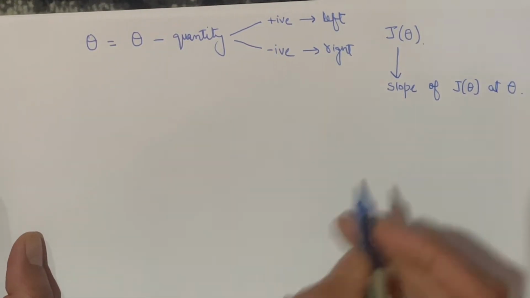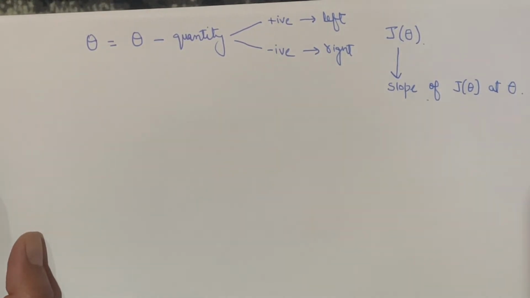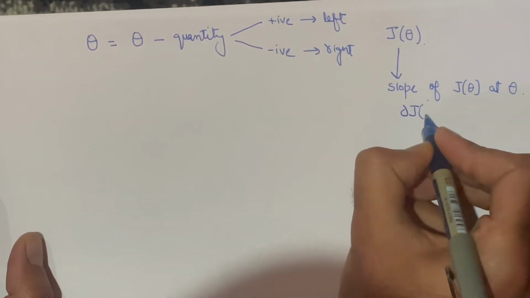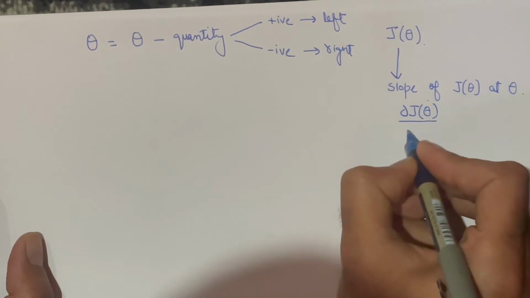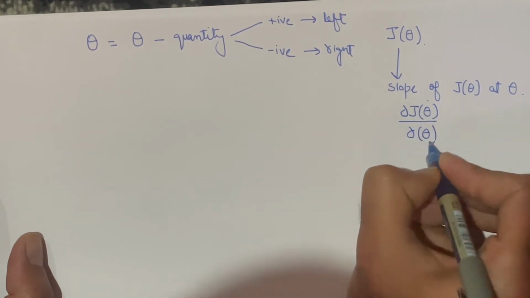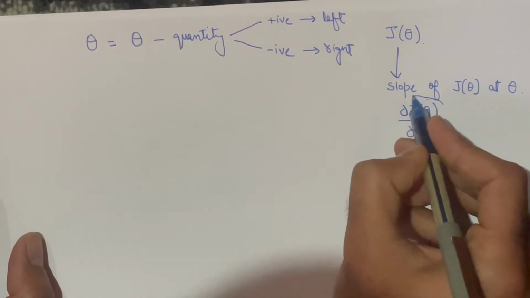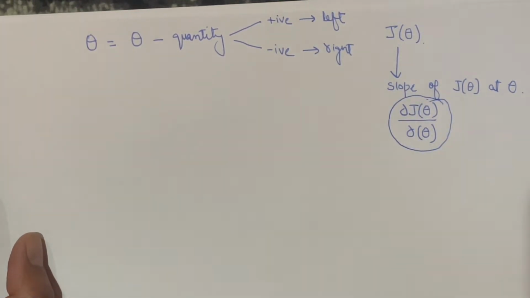Slope of J theta, we can also say, is the differentiation of J theta with respect to theta. So this will give us the slope of J theta. So we will find this particular quantity.